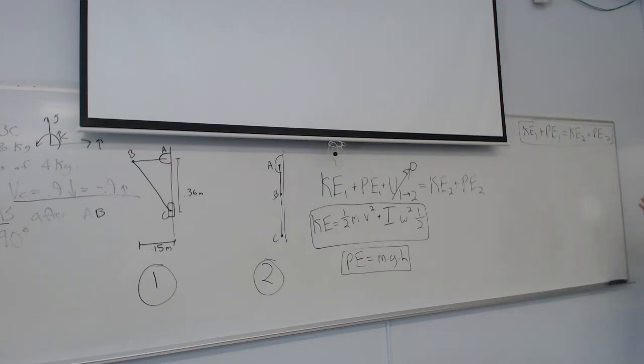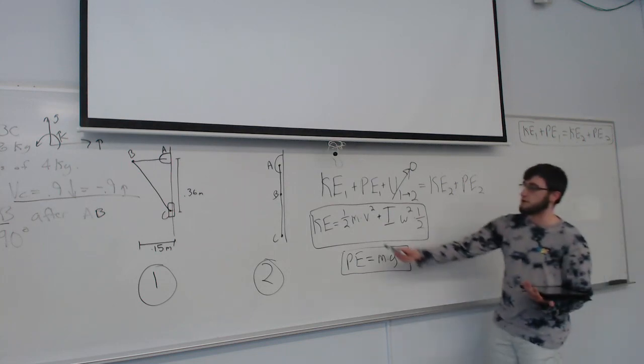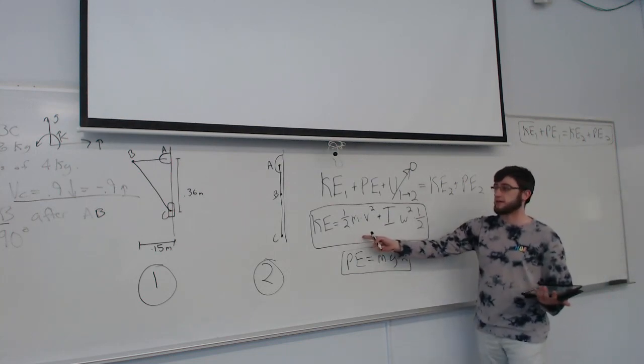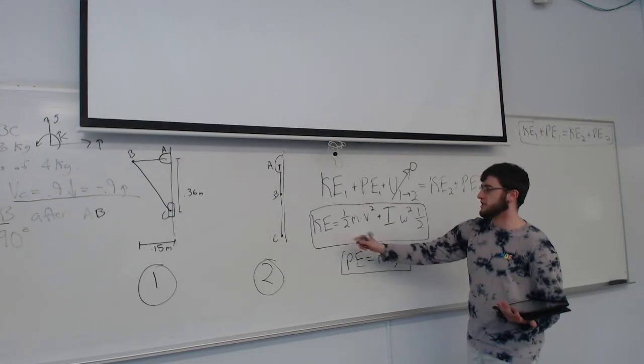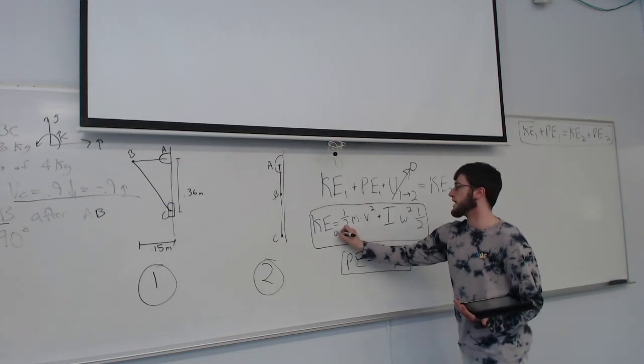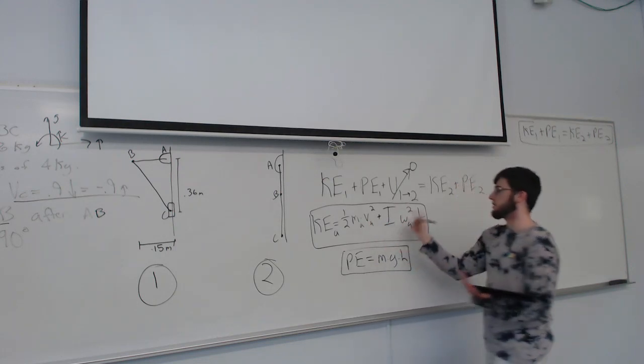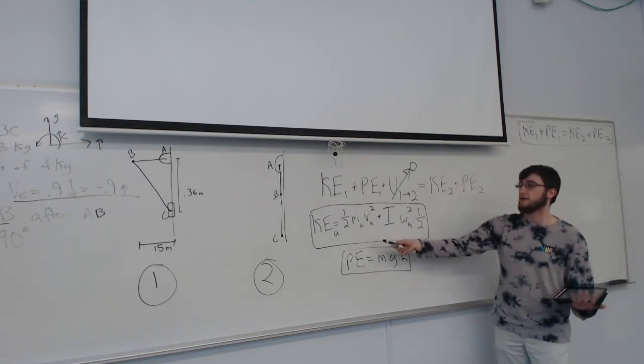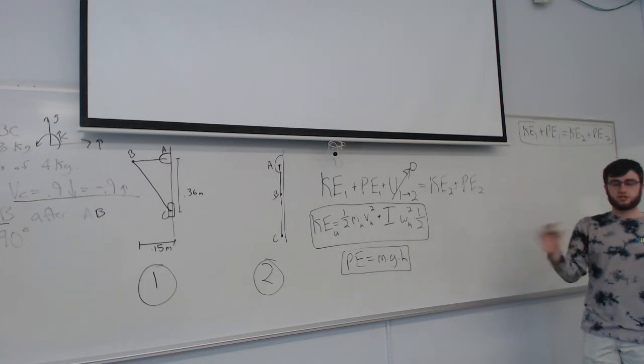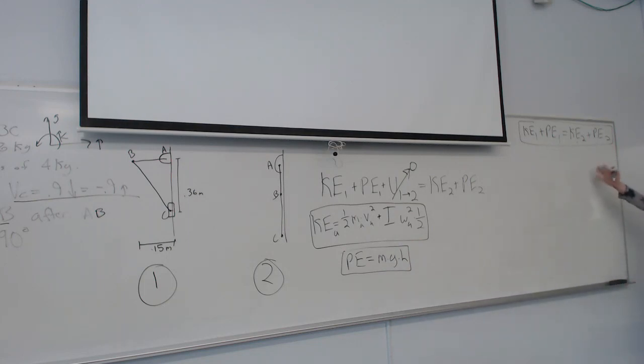But I can't expand this equation, because it would literally be so long. If you want to be specific, this is kinetic energy of point A, mass of A, velocity of A, and you'd have to do this for A, B, C. The equation would get so long that I literally can't write it in one thing.